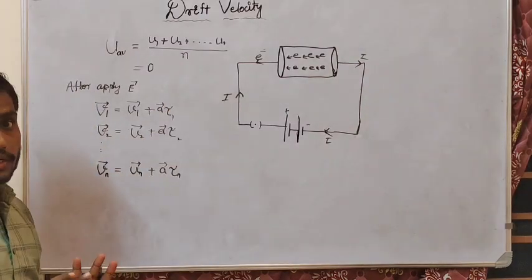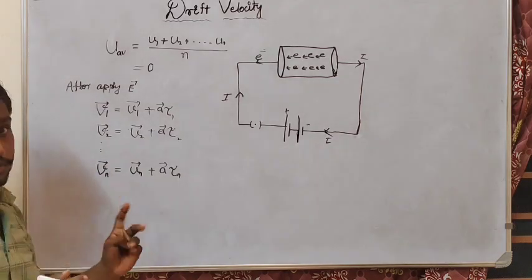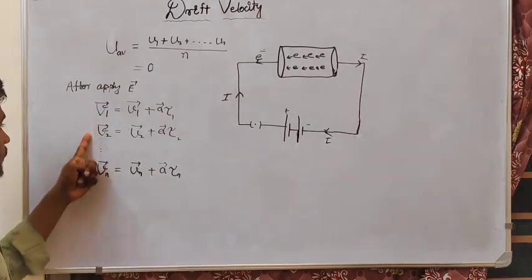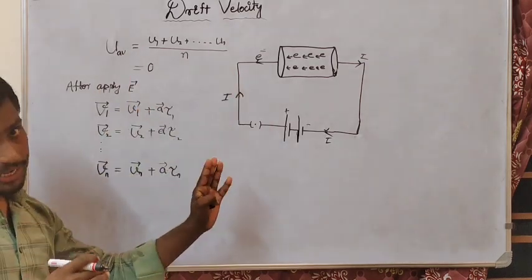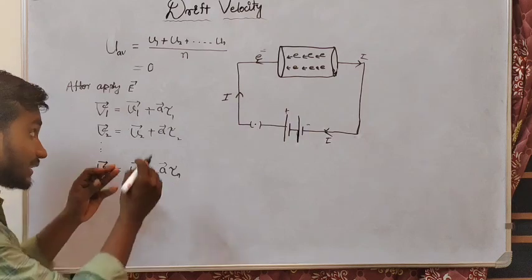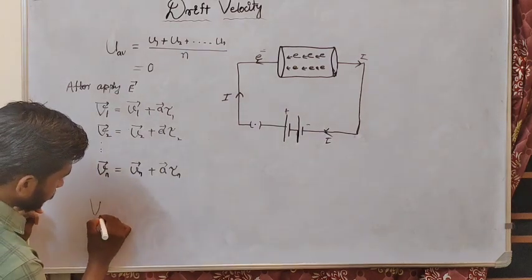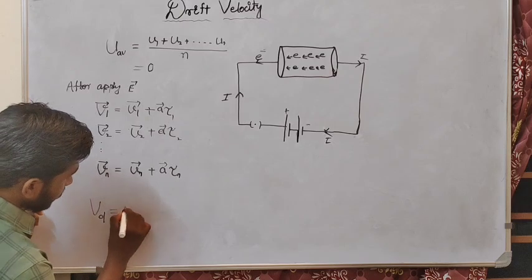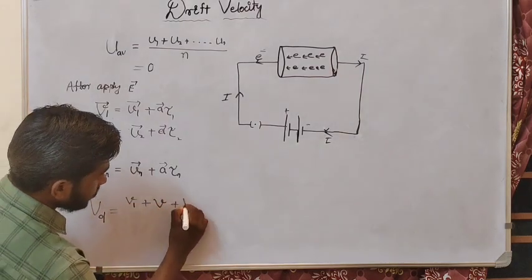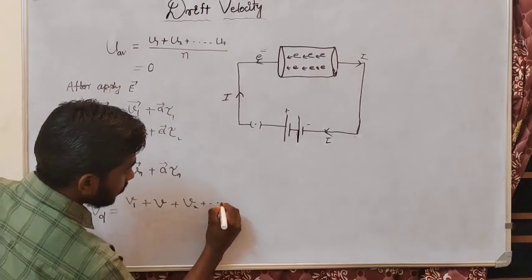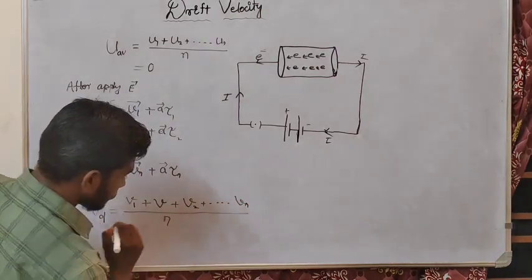Now we can calculate the average velocity. This is the average velocity of all the free electrons after applying the electric field, and that average velocity is the drift velocity. Drift velocity is equal to v1 plus v2 up to vn, divided by n.